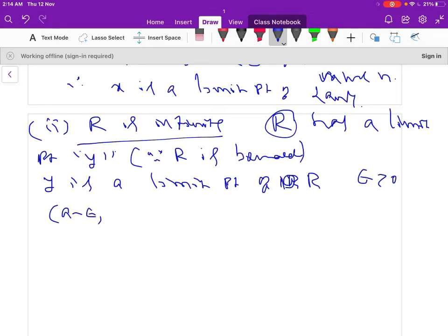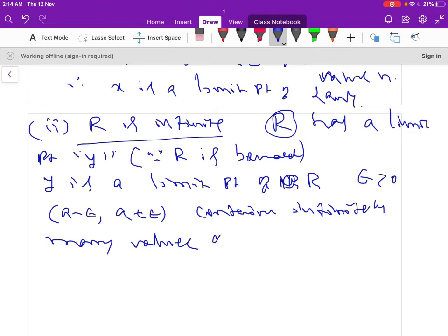there exists an interval (y minus epsilon, y plus epsilon). This interval contains infinitely many values of the range R. Sorry, here instead of a you should take y, the interval being (y minus epsilon, y plus epsilon).